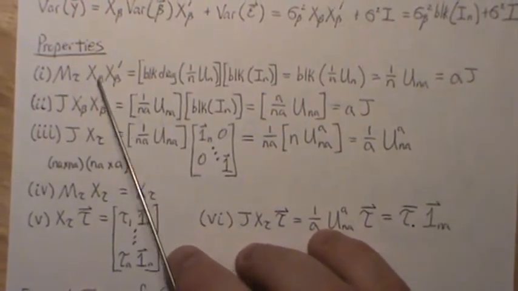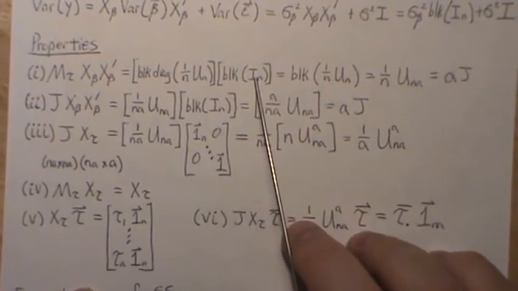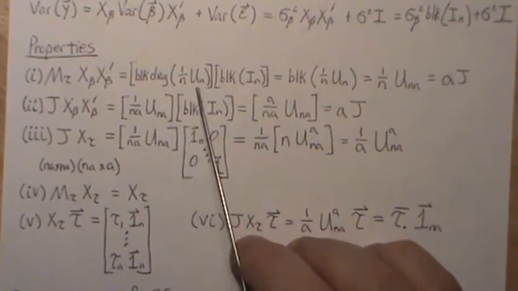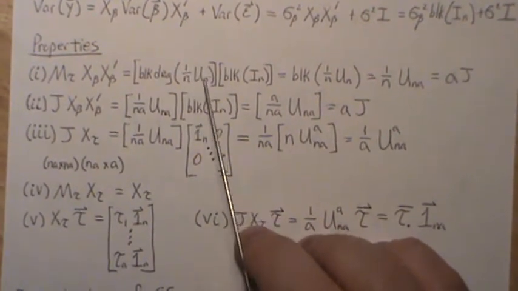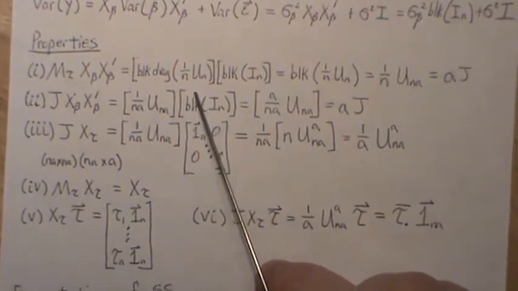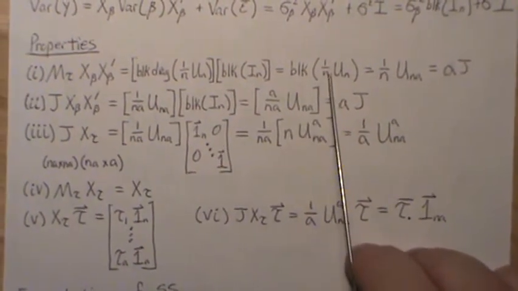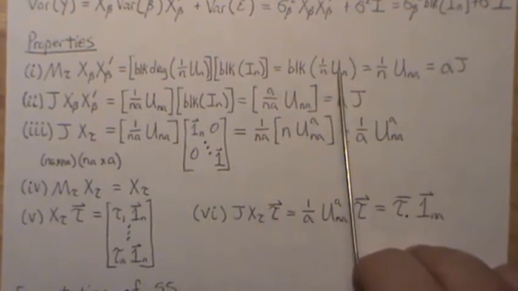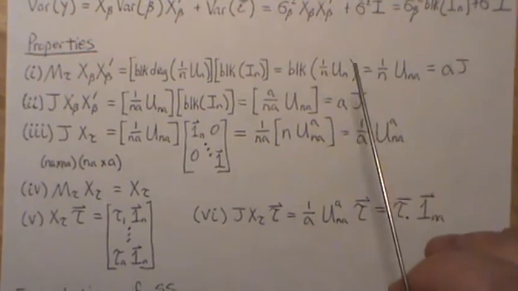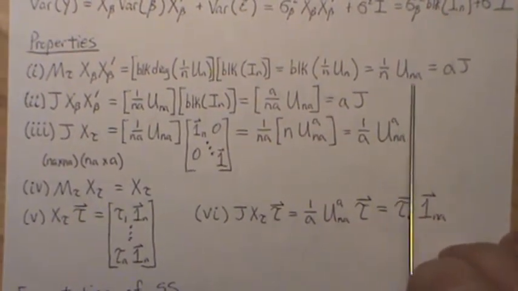So this here is a block matrix of identity matrices, and M tau is a block diagonal with 1 over n constant everywhere. So U is a matrix of all ones. And then when we multiply this out, we get a block matrix of 1 over n U_n. But if every block contains 1 over n, that means the whole matrix contains 1 over n. So we'll just call it 1 over n U_na.